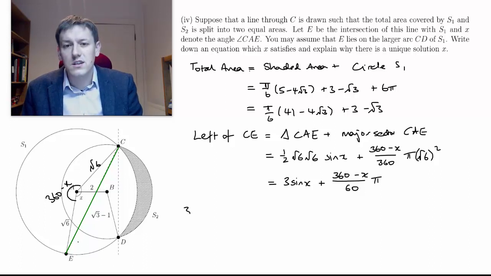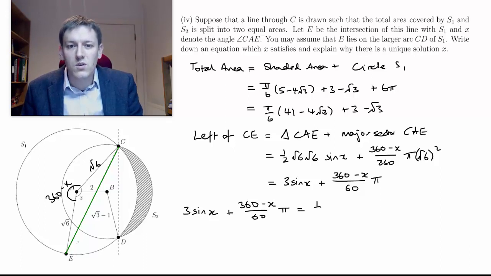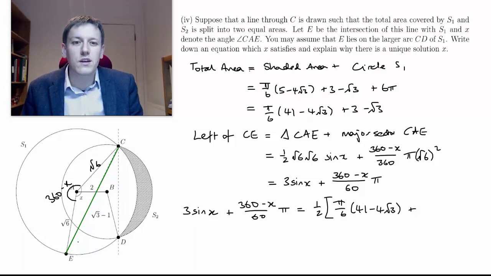So I can just say 3 sine x plus 360 minus x over 60 times pi is equal to 1/2 times the total area, pi over 6, times 41 minus 4 root 3 plus 3 minus root 3.